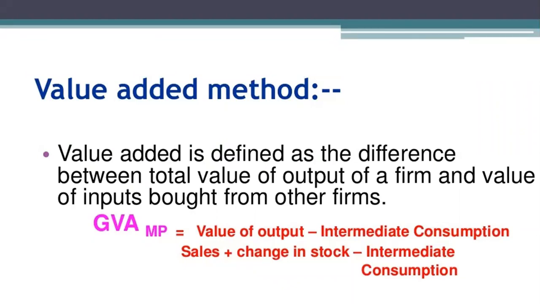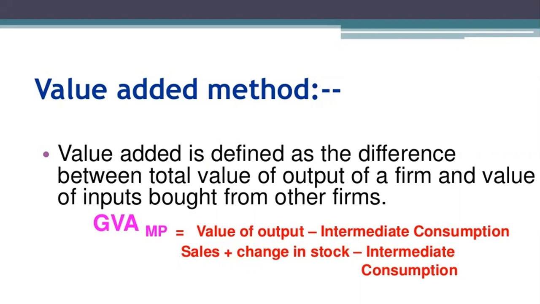When the value added by each and every individual firm is summed up, we get the value of the national income. So the value added method is also known as the product method, inventory method, net output method, industrial origin method, and the commodity service method.